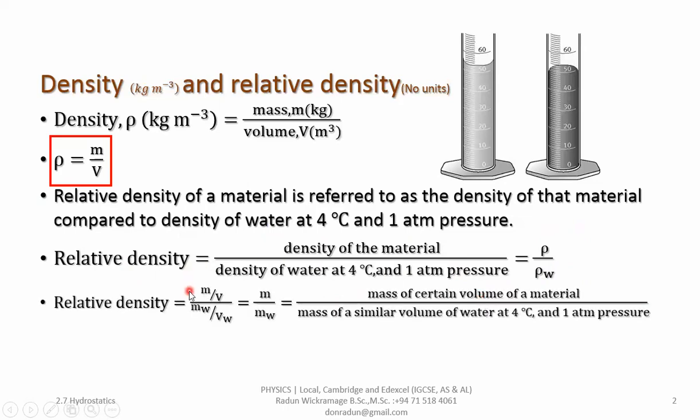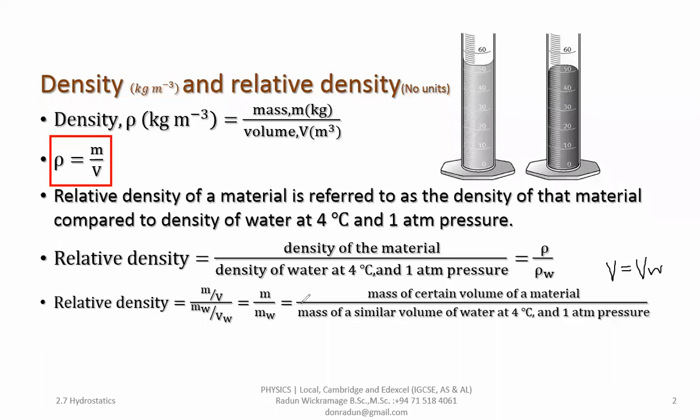Then if we take the equation m divided by v for density, this is the density of the material and this is the density of water. If you select a certain volume of the material, let's take it as V, and the same volume of water at 4 degrees Celsius and 1 atm pressure, so V will equal VW.